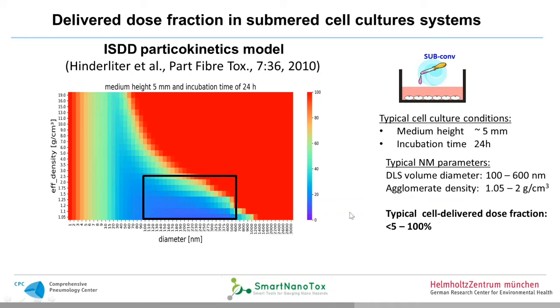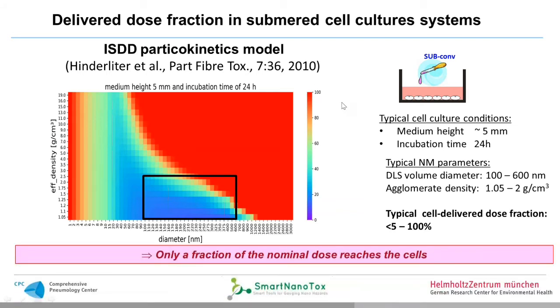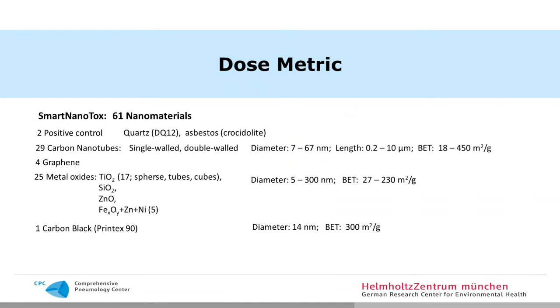And you can appreciate from the color code that in this range you deal with 5 to 100% cell-delivered dose. So that's a factor of 20 uncertainty in dose, and that needs to be carefully considered. And you can do this, for example, with the ISDD particokinetics model. So that we need to be aware of.